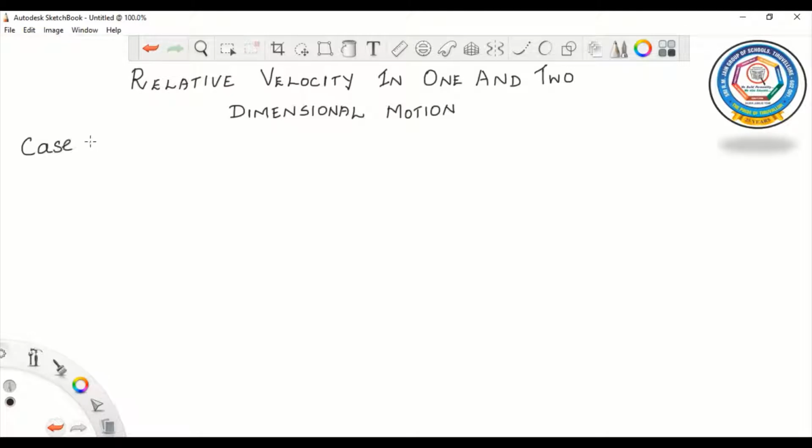We are going to start with the case in which we consider two objects A and B moving with uniform velocities VA and VB along straight tracks in the same direction. So this is object A which is moving with velocity VA and another object which is moving with velocity VB.